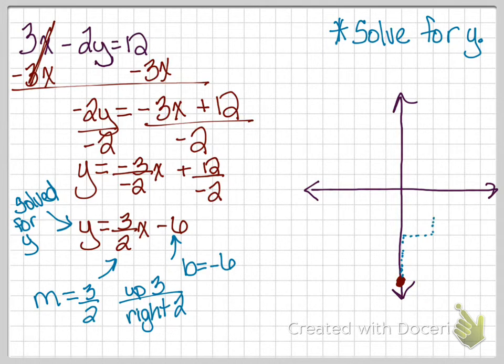Then I'm going to go up 3 and to the right 2. So here's a point, and here's a point. Okay? So I have graphed this using y equals mx plus b.